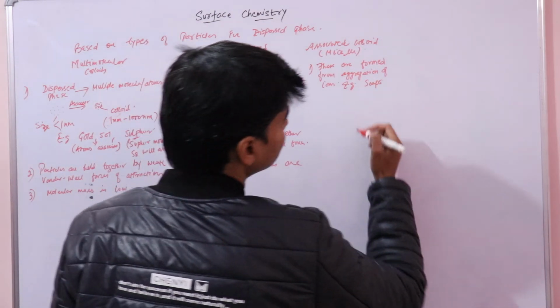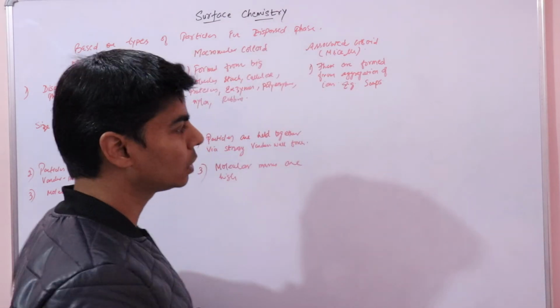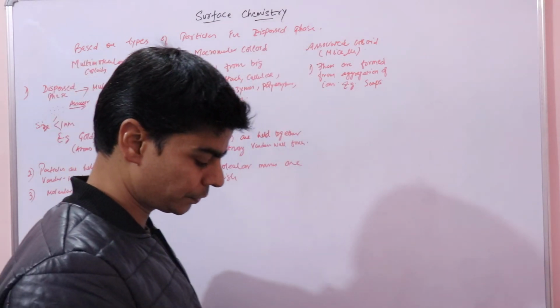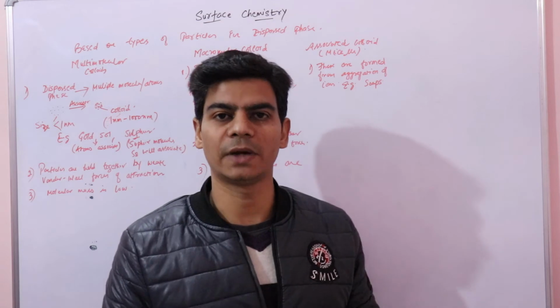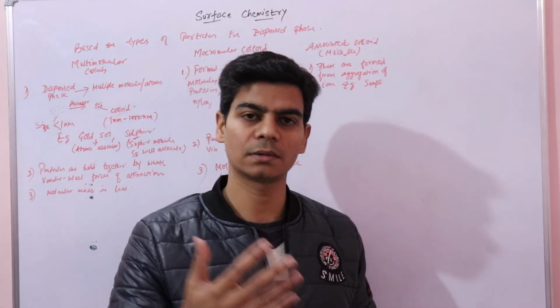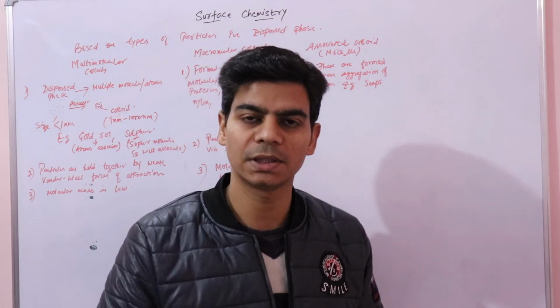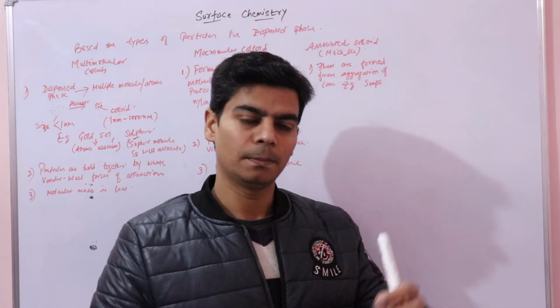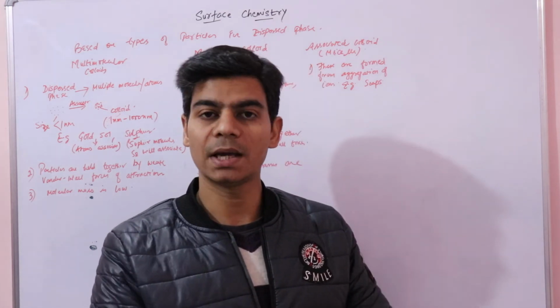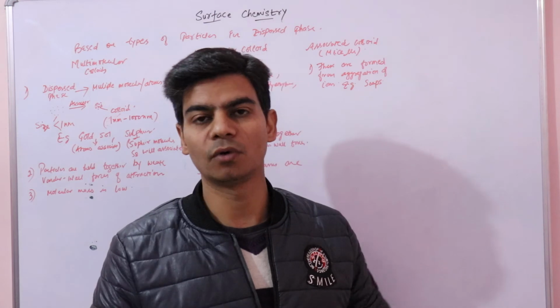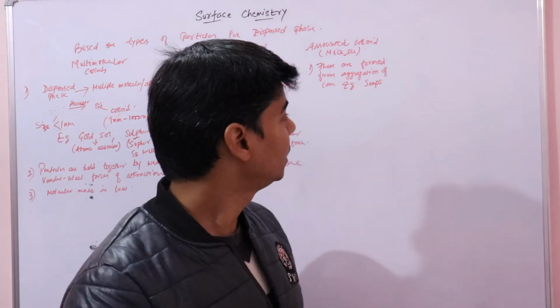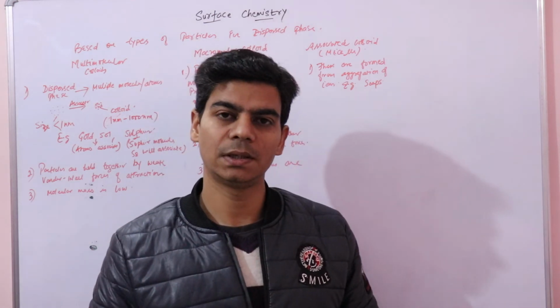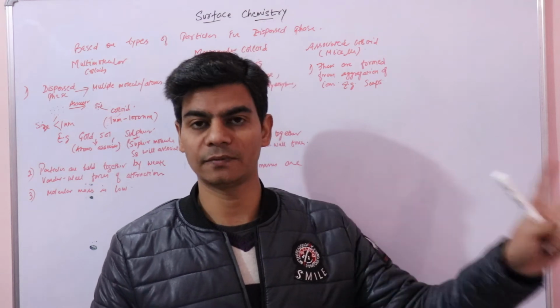What are soaps? Soaps are sodium salts of higher fatty acids. Higher fatty acids are carboxylic acids only. So when you treat higher fatty acids with sodium hydroxide, they will form soaps. An example is stearic acid and palmitic acid, which are higher fatty acids.